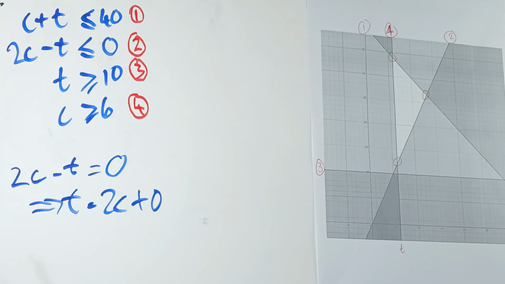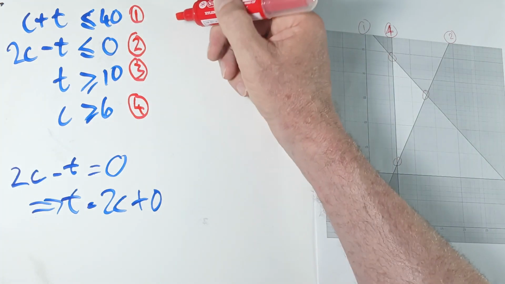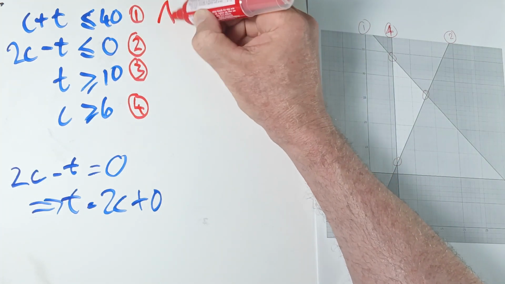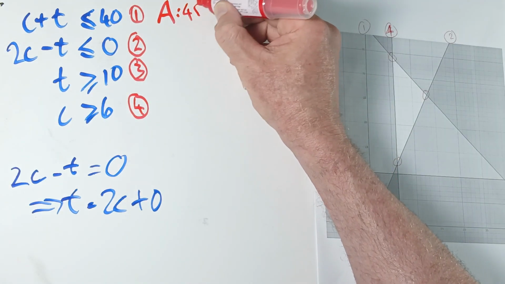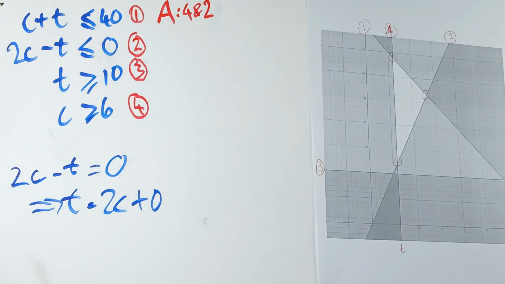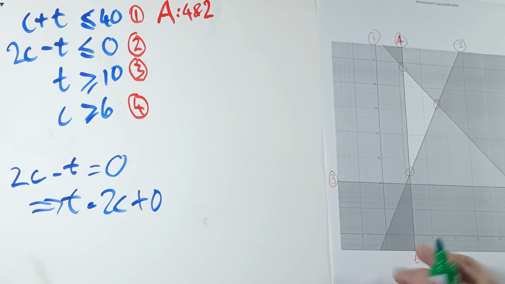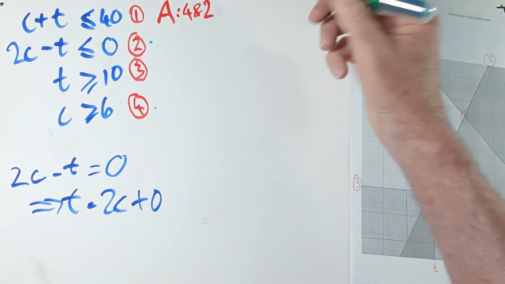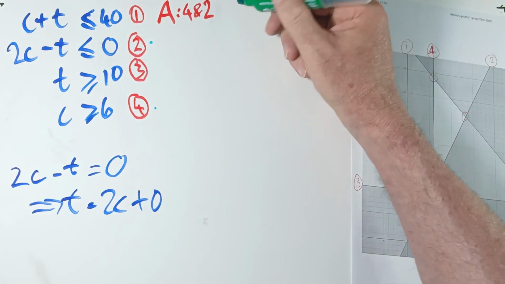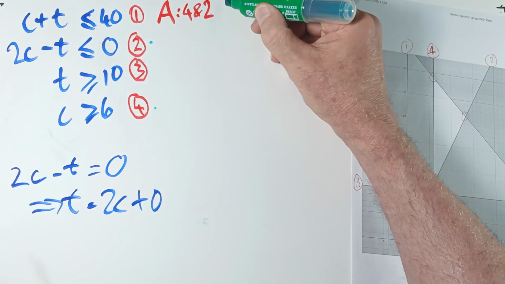So let's find the intersection of 4 and 2. We'll call this point A. That's these two equations here, so we're just going to write them out.